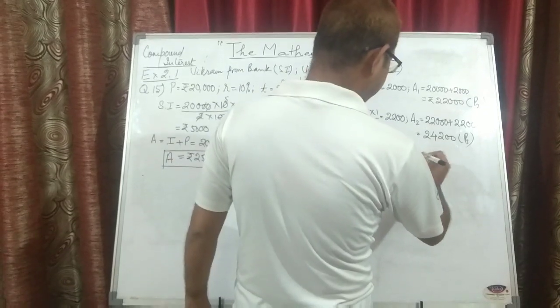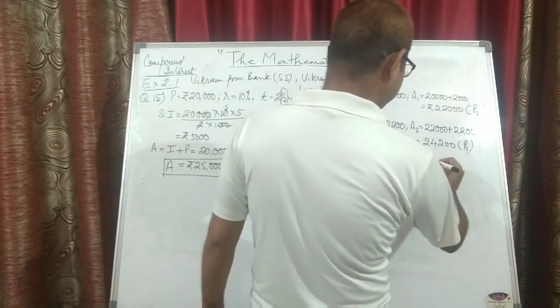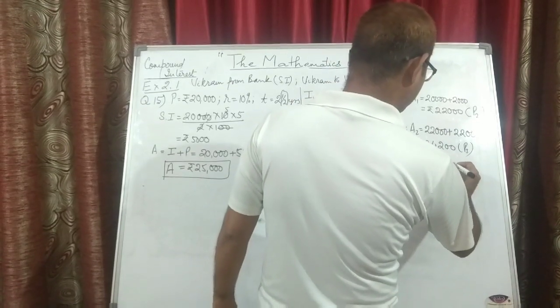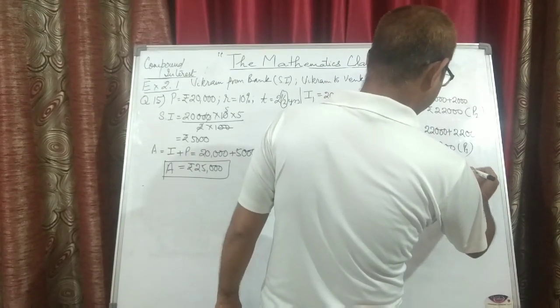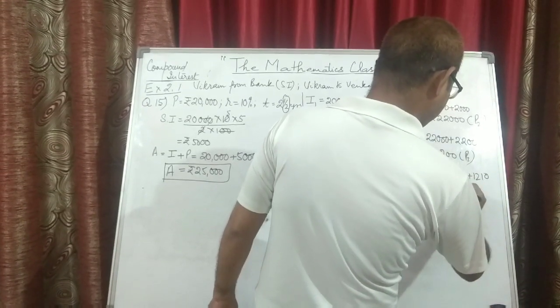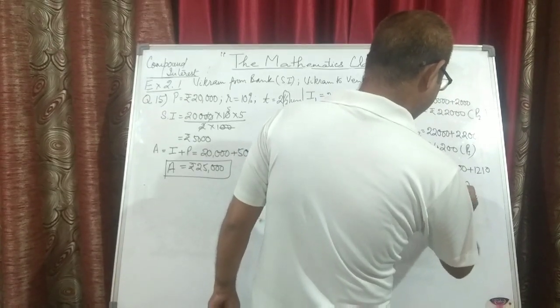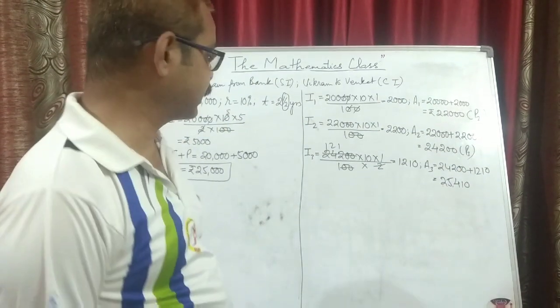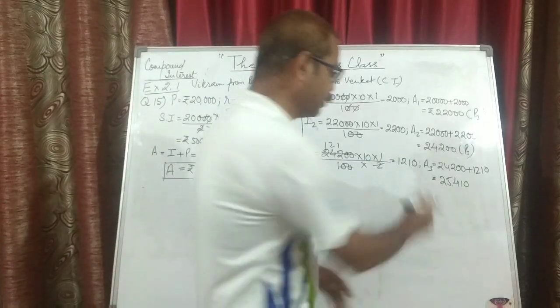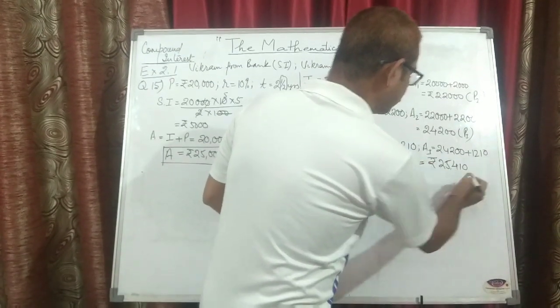So the amount after 2.5 years will be 24,200 plus 1,210. That becomes 25,410 rupees. This is the final amount his friend Venkat is giving to Vikram.